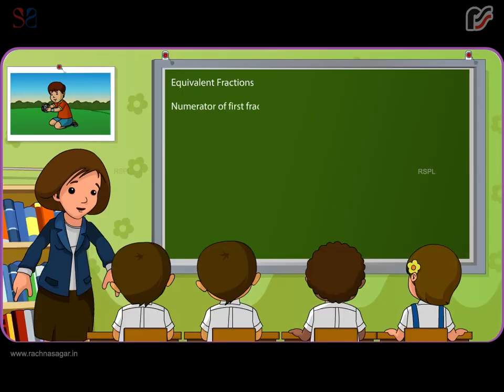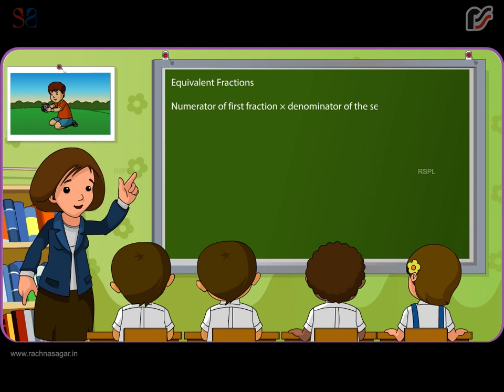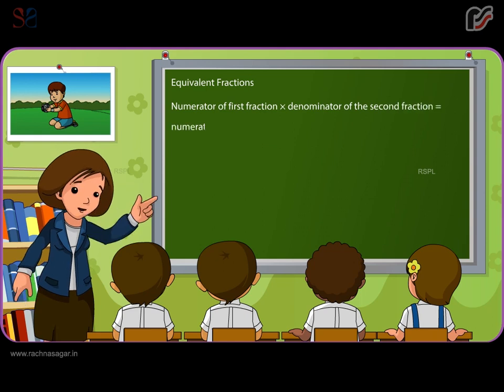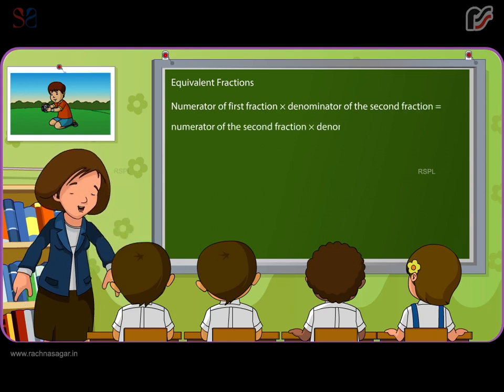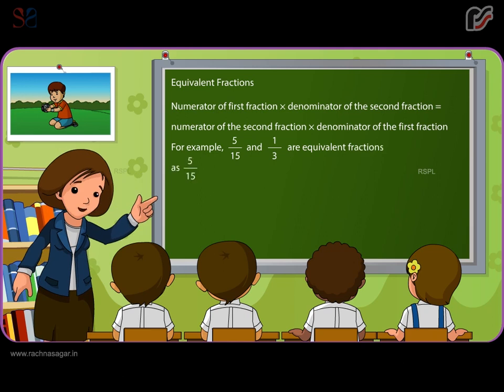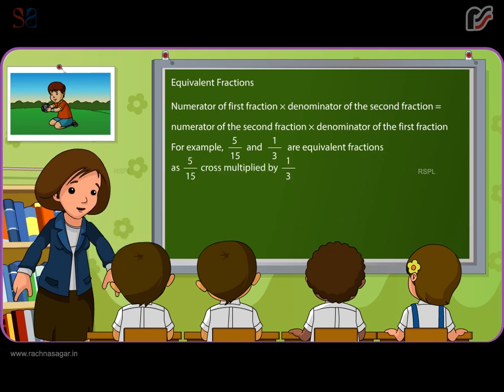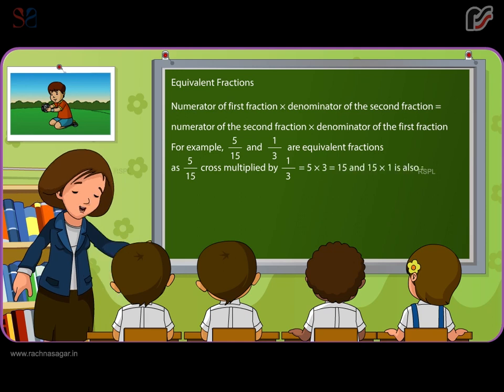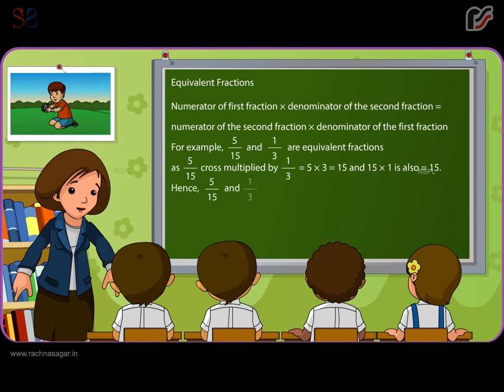For example, 5/15 and 1/3 are equivalent fractions, as cross multiplying gives 5 into 3 equal to 15, and 15 into 1 also equal to 15. Hence, 5/15 and 1/3 are equivalent fractions.